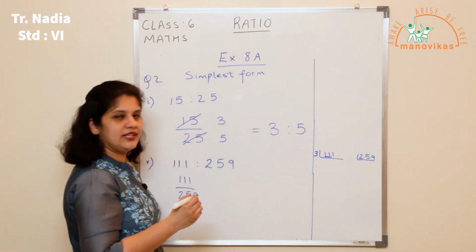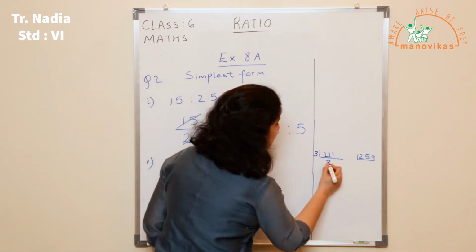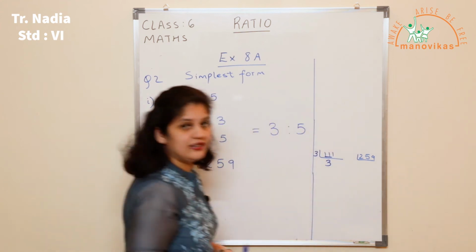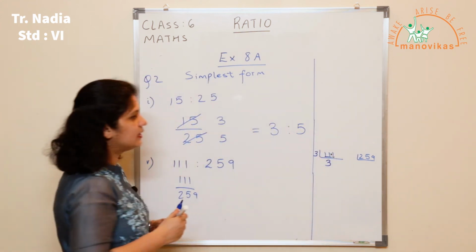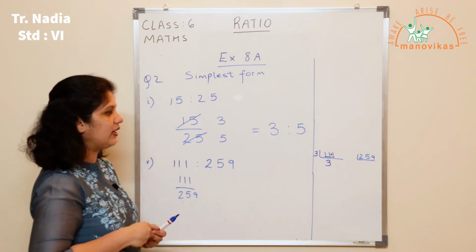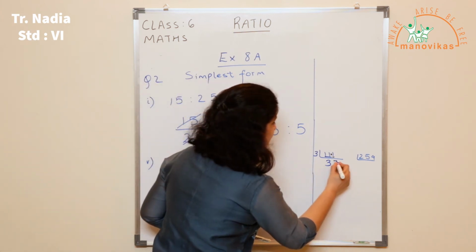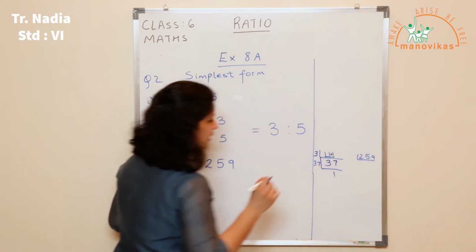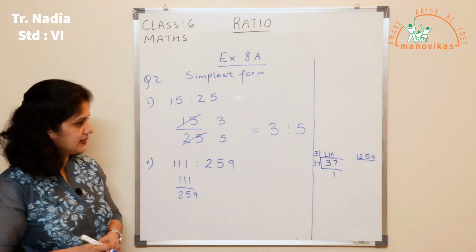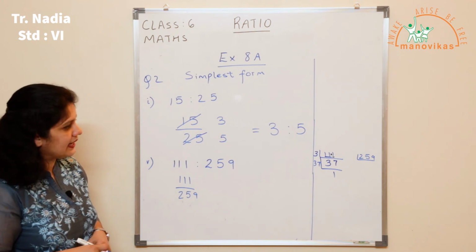Closest to 11 in the 3 table is 3 3s are 9. Since the number is 11, 2 is extra. I'll put the 2 extra with the neighboring digit, which becomes 21. Then 3 7s are 21. 37 is a prime number. I hope you know that. So 37 ones are 37. Now let me go to the next number.